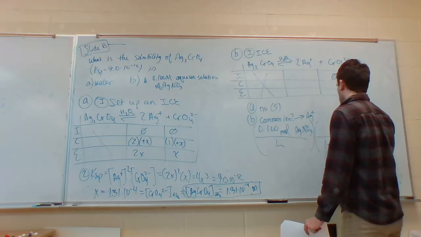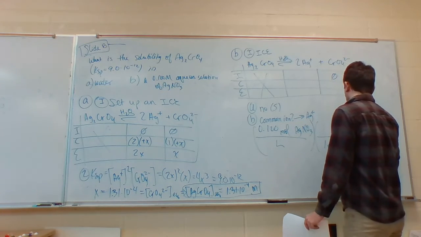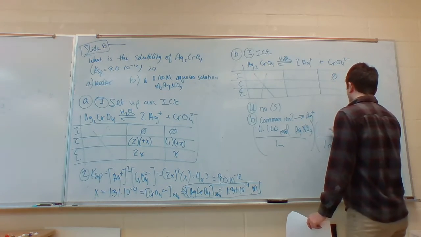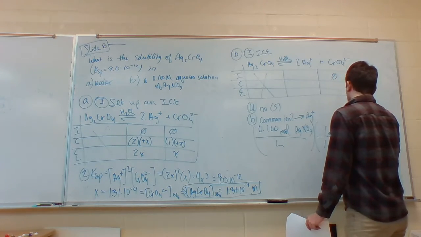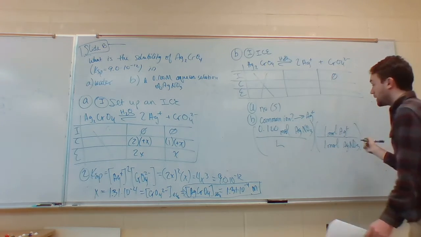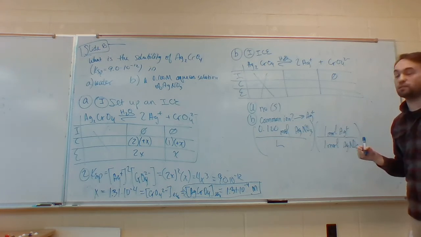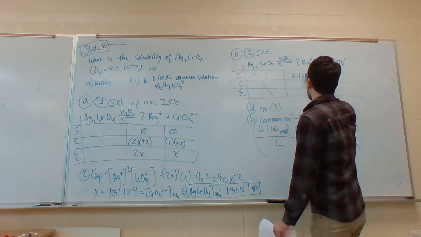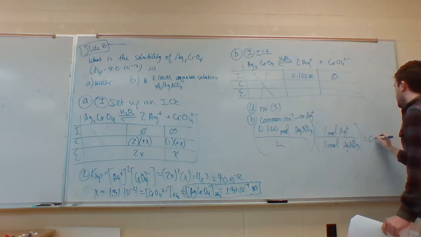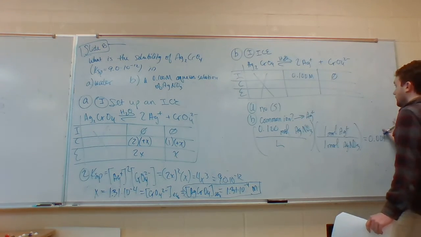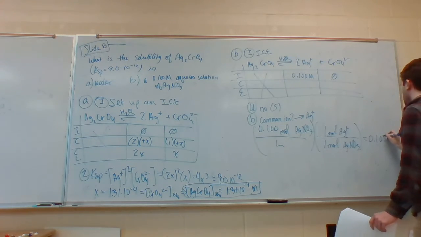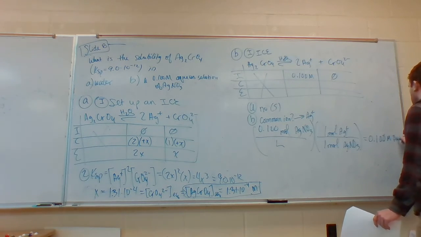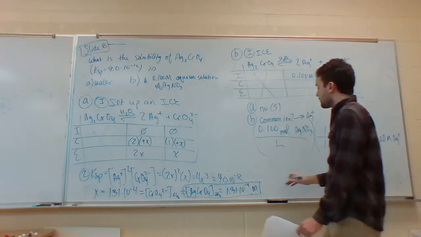So that would be 1 mole silver nitrate to 1 mole Ag plus, because it completely dissociates. Remember, all nitrate salts are soluble. So we will have 0.100 molar Ag plus as our initial concentration.